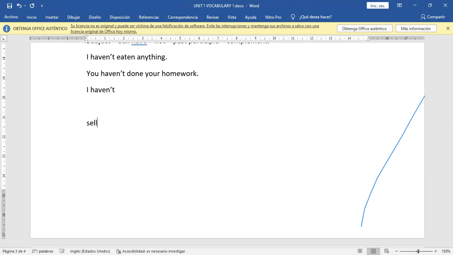Look for the past of sell. What is the past participle of sell? Sold. Sell, sold, sold. Yeah, it's similar. So, necesitamos no el simple past, sino past participle. Es lo mismo. I haven't sold anything.